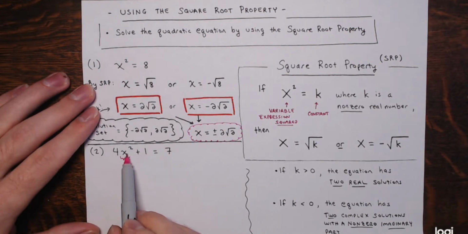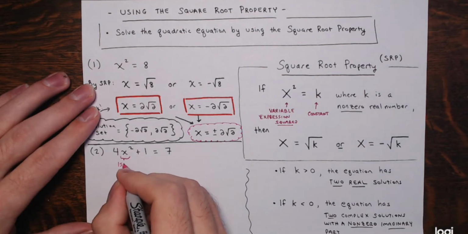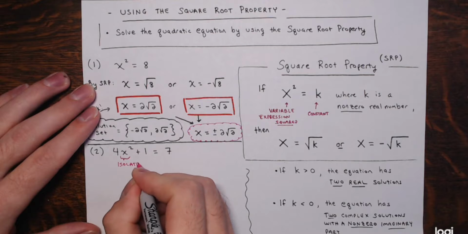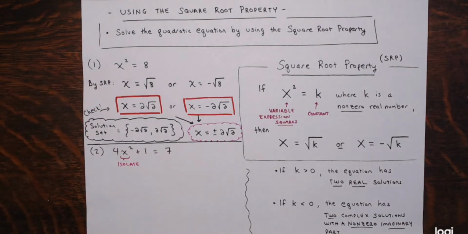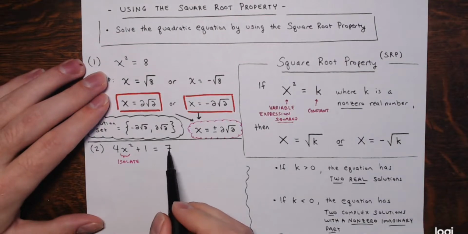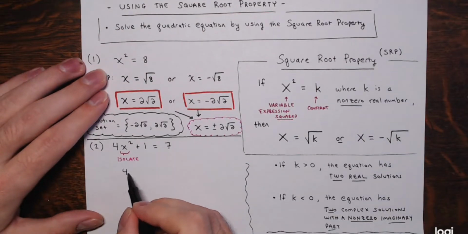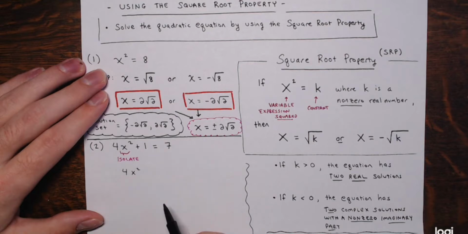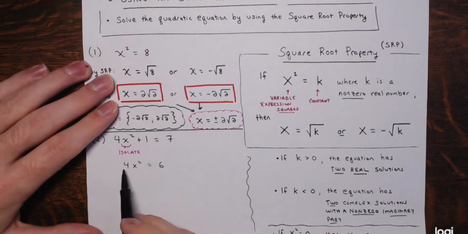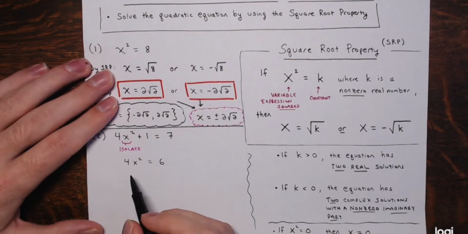So this x squared, I want to isolate this, get it on its own side. So first I would subtract 1, get that 1 out of there. So we have 4 times x squared equals 6, 7 minus 1. And then divide both sides by 4 to get the square alone.